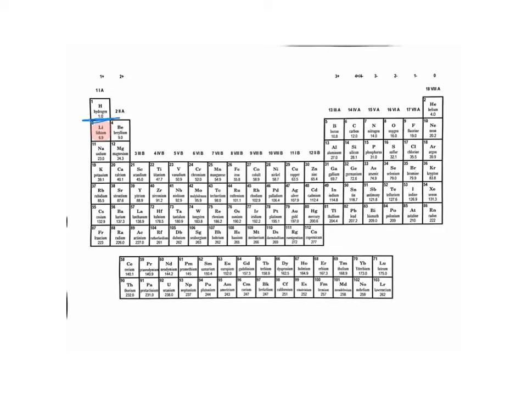Remember that the blue line gives us a little staircase that helps us separate the metals from the nonmetals. And so we see that lithium is in that metal section. So that tells us right away that it's ionic.